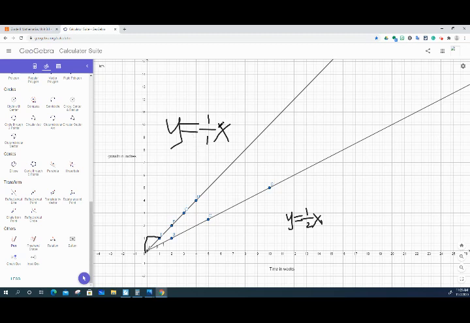This means x represents the number of weeks, y represents how tall it grows, and every week that plant is going to grow 1 inch. This plant grows 1 inch for every 2 weeks.